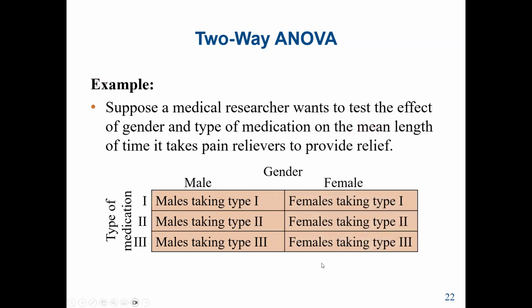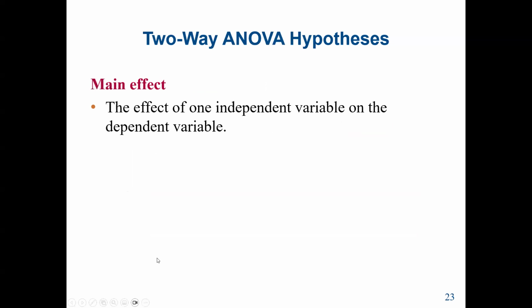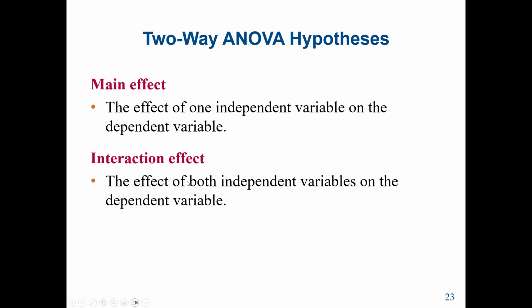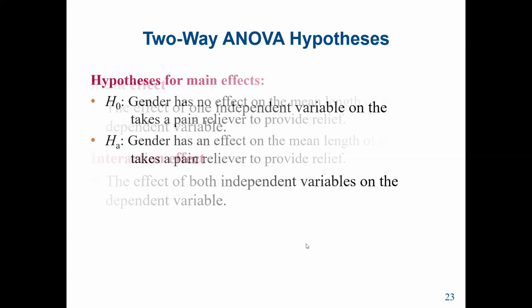So here we have gender, and within gender, we can have male and female. Then when we look at the type of medication, we have 1, 2, and 3. One thing we should know is the effect of one independent variable on the dependent variable. And also we have the interaction effect. Interaction effect means the effect of both independent variables on the dependent variable.